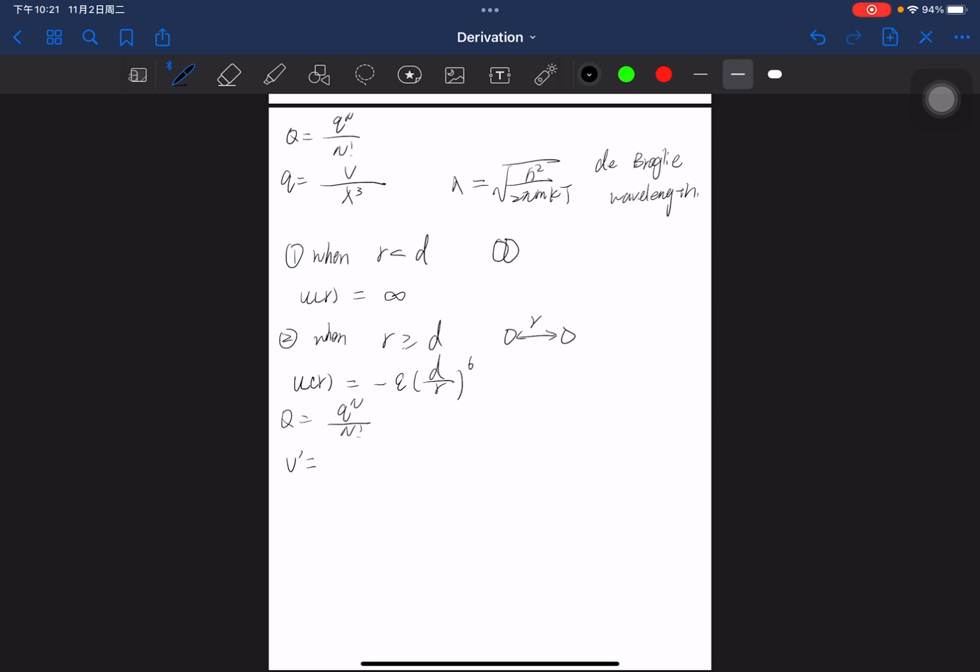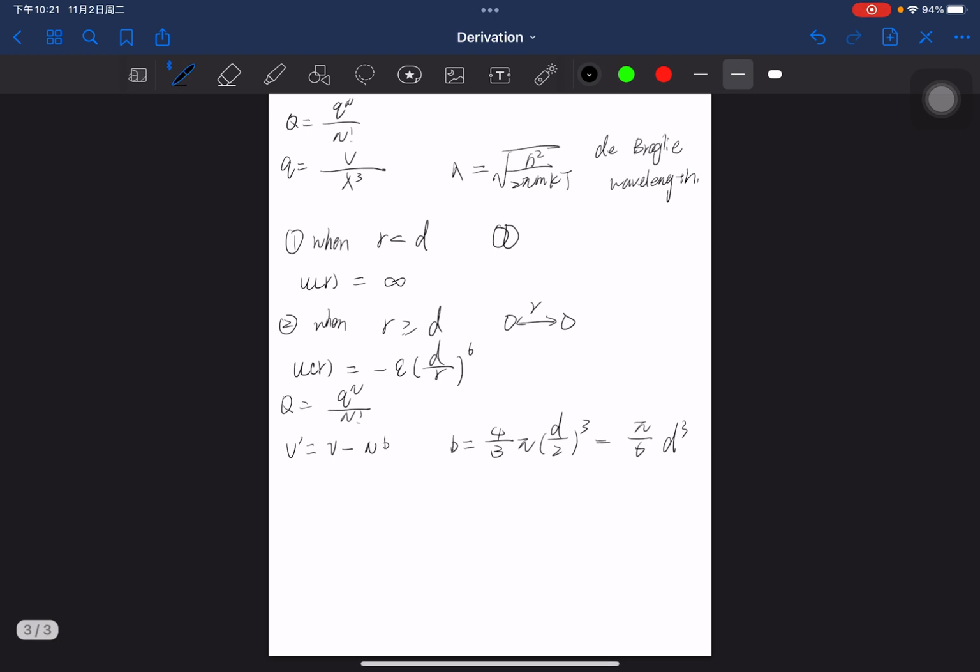So the new volume becomes V minus N times b, and b is the volume of a single particle, which is 4/3 times pi times (d divided by 2) cubed, which is pi over 6 d cubed. So the lowercase q can be written as V minus Nb.